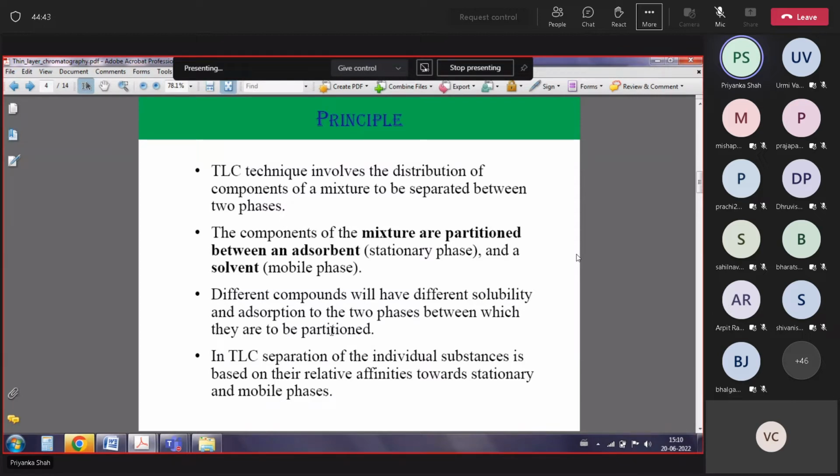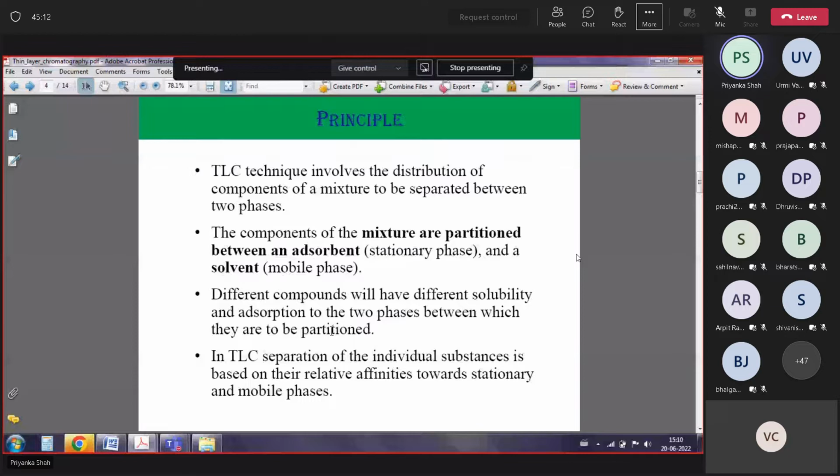Now all the compounds have different solubility and different adsorption to the phases between which they are to be partitioned. So individual substances are separated based on their relative affinities towards the stationary and mobile phases, and this will be the responsible factor for the TLC separation.